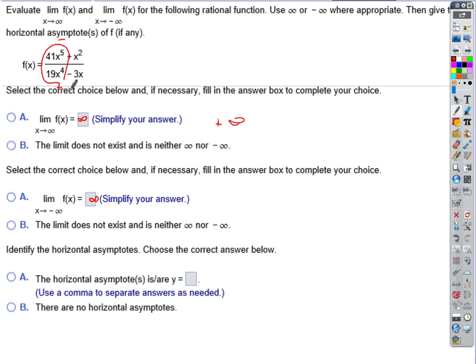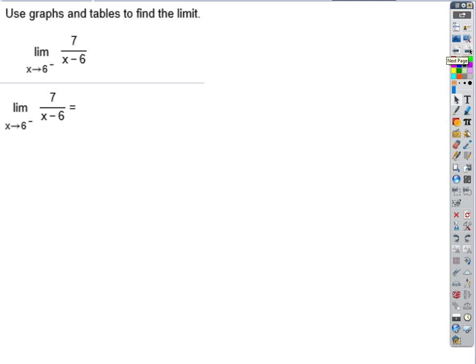Negative over positive is negative, right? So as a consequence, this doesn't have any horizontal asymptote. Make sense? Okay. This is an easy one, right?